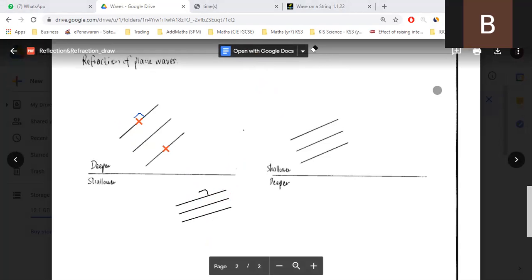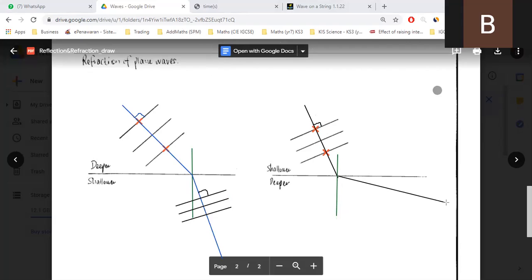Now I put it back to show you. Okay, so this is the first one. Now the second one, from shallower to deeper. Again we draw the propagation line here and here, and we draw a line. Make sure it is perpendicular. Okay, so my normal, this refracted line.